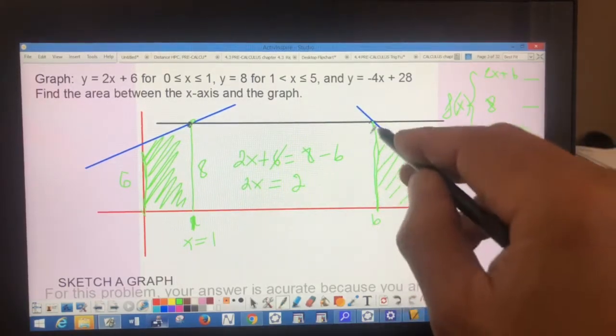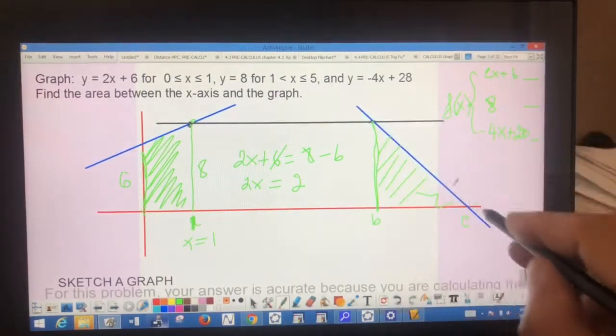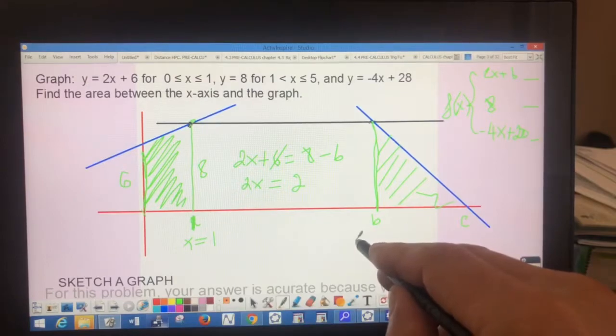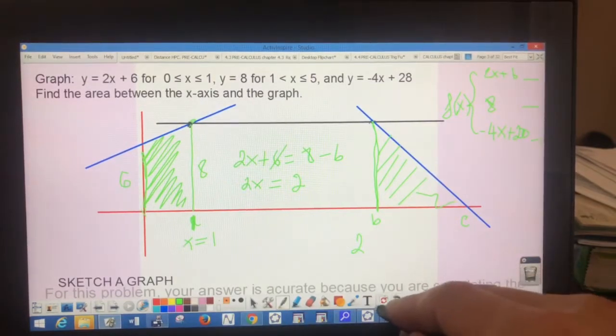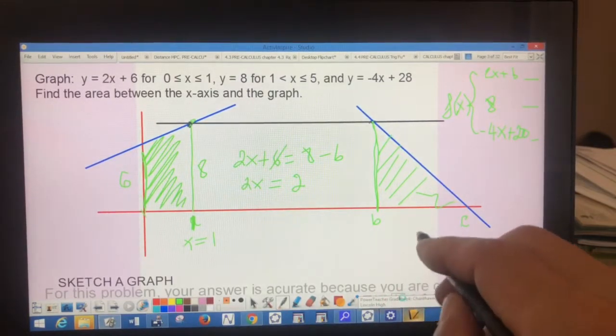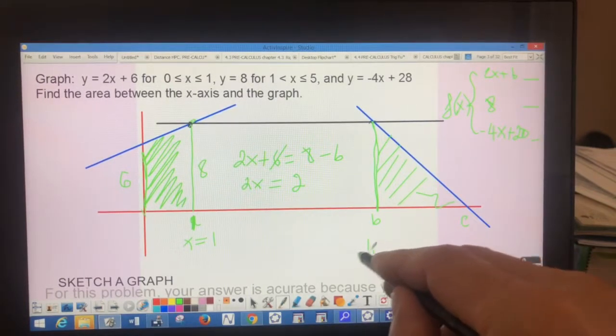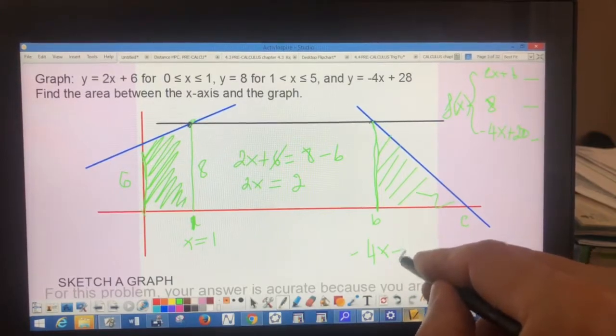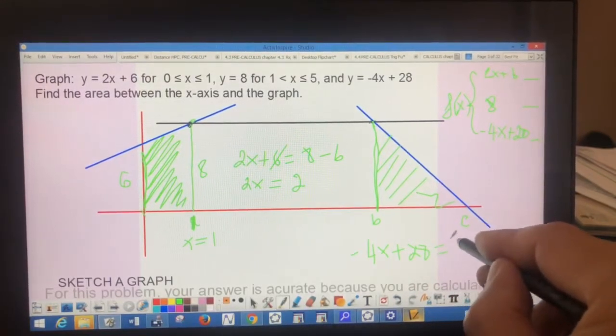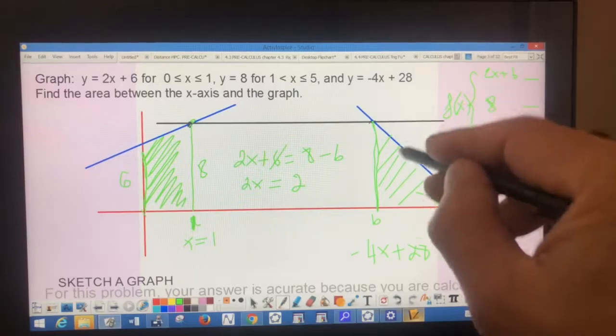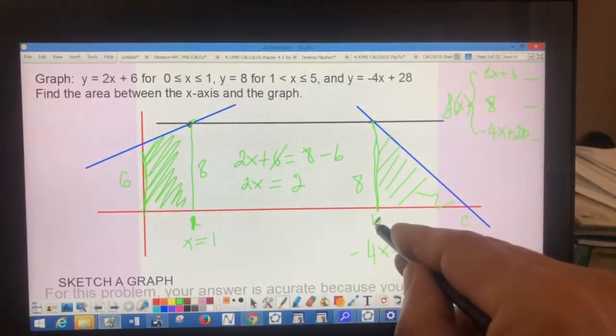For this one here, same story. I'm going to take this slant side, which is my negative 4x plus 28 equals 8. I know that height is 8, but I just need this location here.